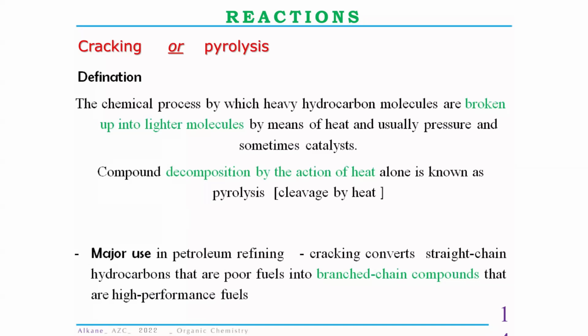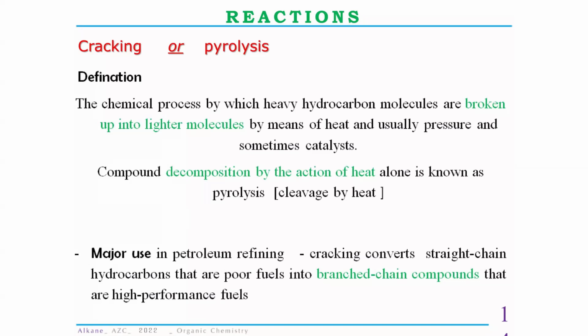So what is the major use of cracking and pyrolysis? It's used in petroleum refining. Cracking converts straight chain hydrocarbons that are poor fuels into branched compounds that are higher performance fuels. Of course, in petroleum, when you have a linear chain hydrocarbon, it means the fuel is not good, it's a bad fuel.